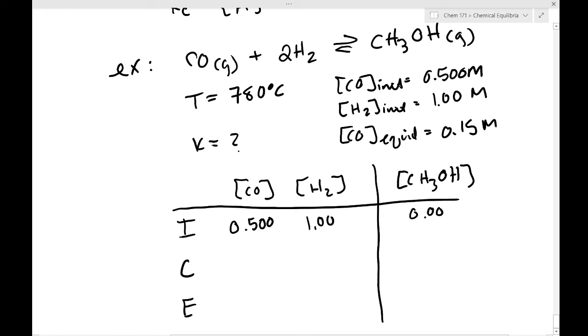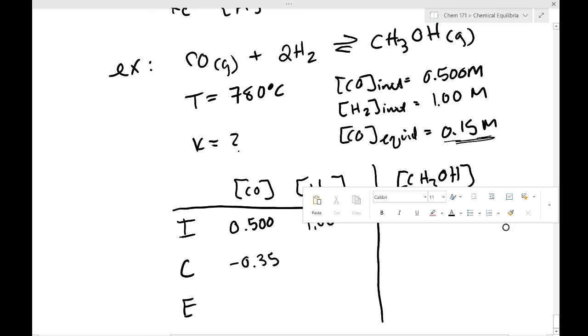Okay. In this case, we have 0.500 molar minus the amount that is left at equilibrium, which is 0.15, and the difference between those two is negative 0.35. So this decreases by 0.35. And then we have to use up 2 times that same amount for hydrogen because of the stoichiometry of the problem.